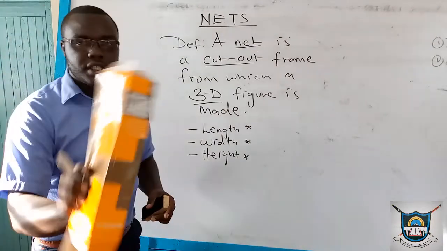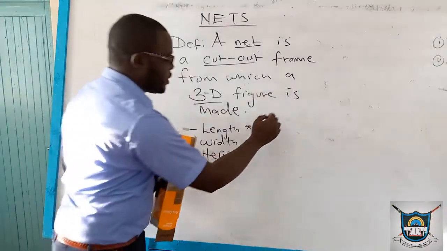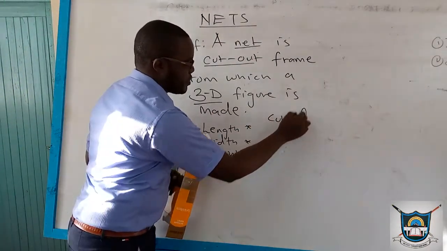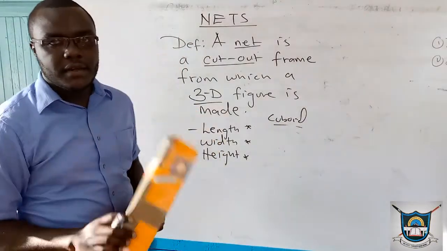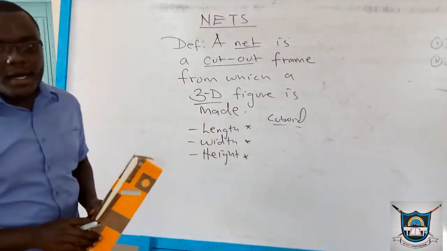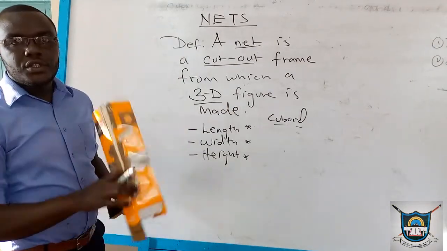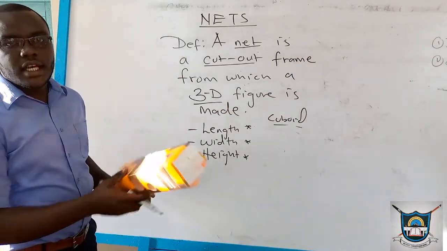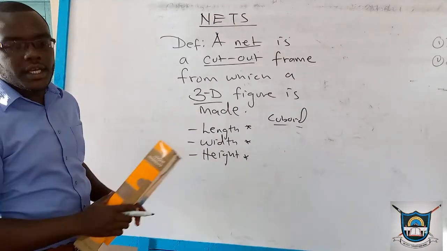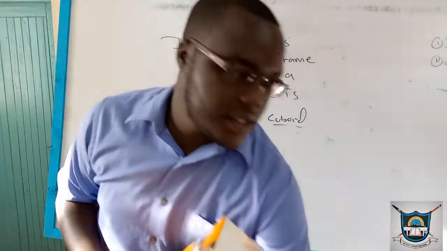So for you to make this shape, which happens to be a cuboid, the manufacturer must first of all come up with a net, join it so that he can create the cuboid that I'm holding here. I have other samples.